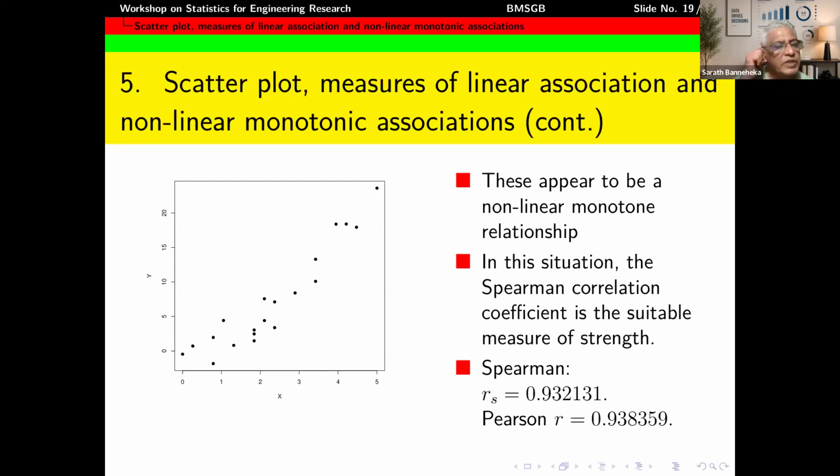So we decide that the Spearman correlation coefficient is the good one, but just to show you, I have calculated both here. RS, the Spearman's one, is 0.93, and Pearson's correlation coefficient is also 0.93. Actually, Pearson's is larger than the Spearman one here.